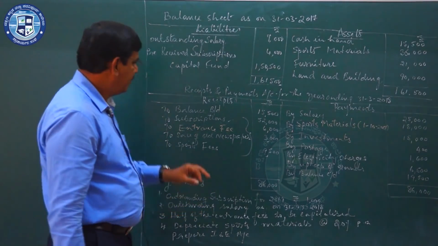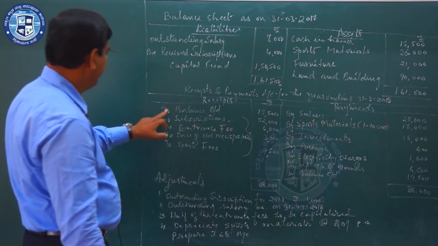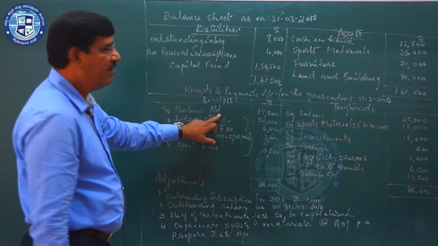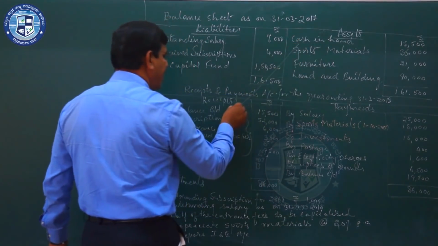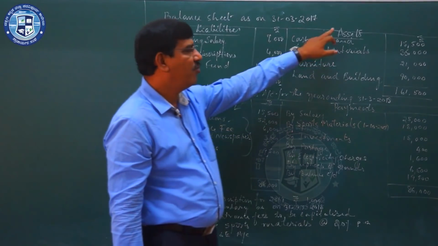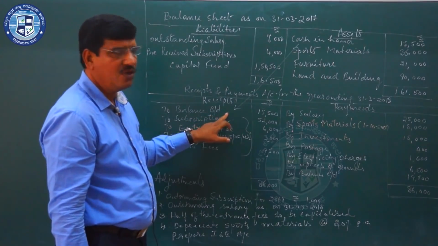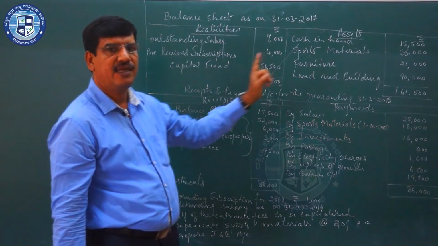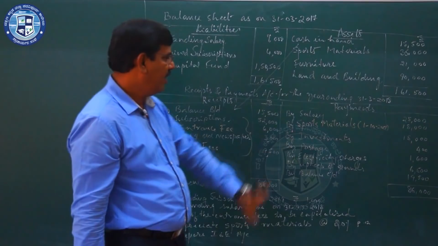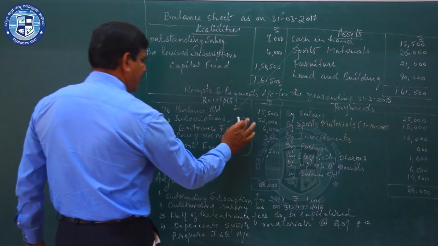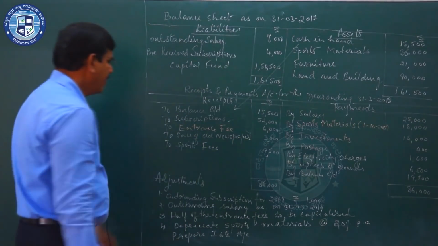Now let's analyze the receipts and payments account. Opening balance is given, it is the cash in hand. The cash in hand in the opening balance sheet, the same figure is entered as to balance brought down. So you need not write this amount again in the income and expenditure account or in the balance sheet. Now let's see the other items.